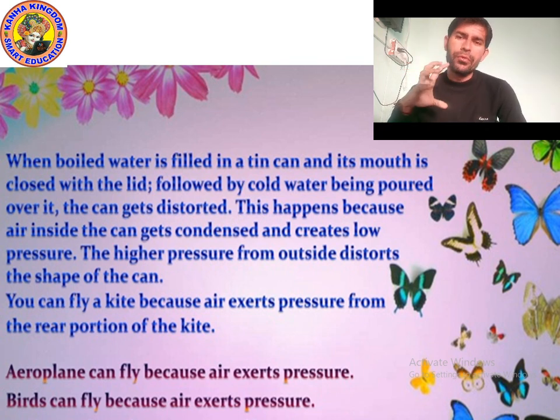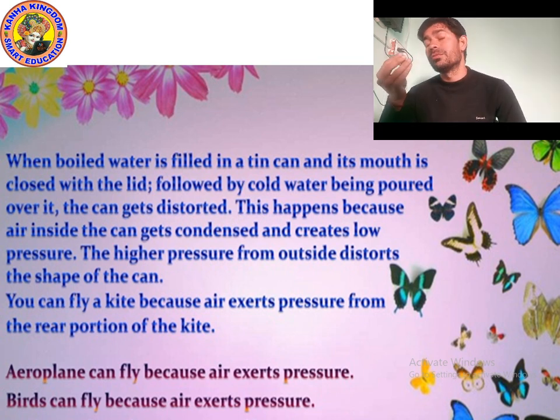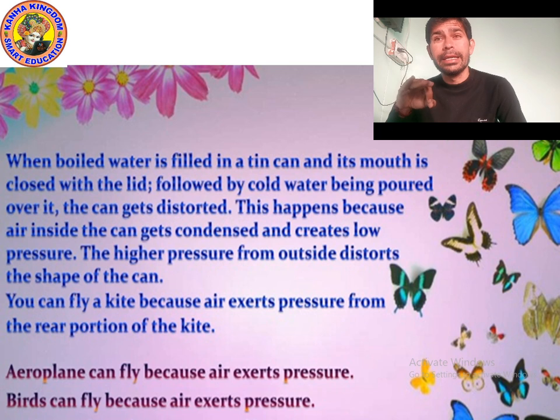When boiled water is filled in a tin can and its mouth is closed with a lid, followed by cold water being poured over it, the can gets distorted. This happens because the air inside the can gets condensed and creates low pressure.